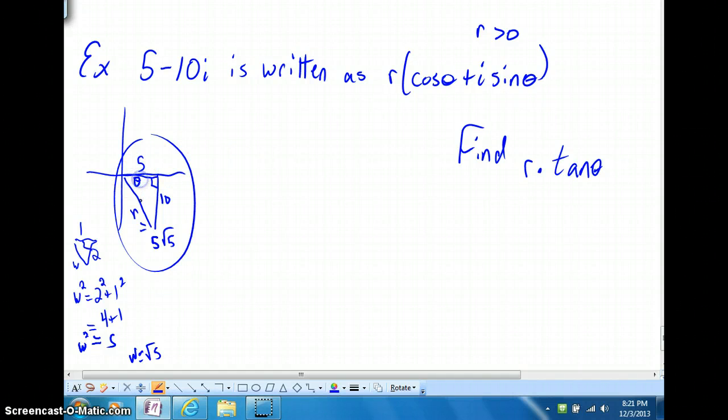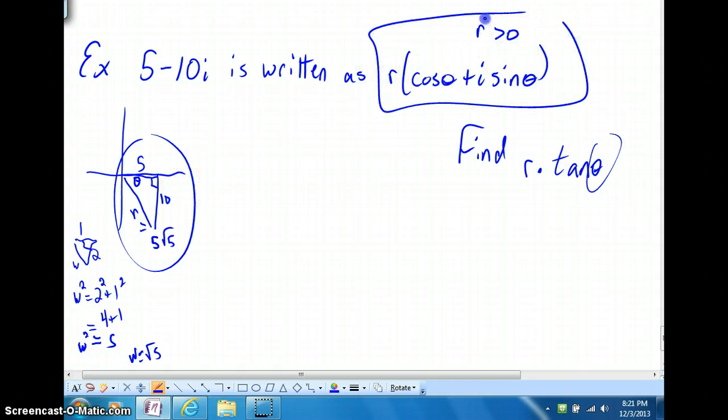But as we very quickly look for theta, we are going to be addressing theta in just a moment, but we really need to find out what the tangent of theta is. We don't have to write this out in cis notation. We certainly could, but it's much easier for us to just say, look, r we already know is 5 radical 5.